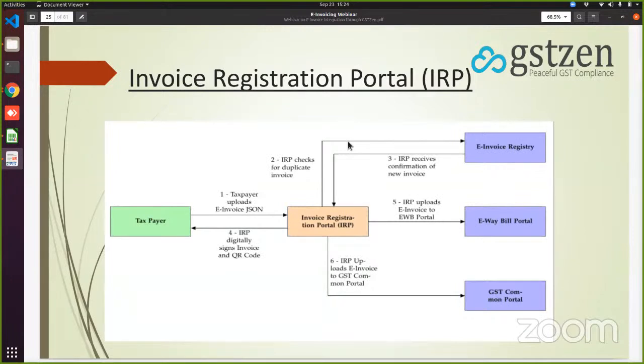The IRP already has an existing database, so it will check whether the same IRN exists. If it doesn't exist, it will confirm that this is a new invoice and upload it to the e-invoice registry. One step after that, it will also upload it to the e-waybill portal and the GST common portal, that is your GSTR1. And then the IRP will return the digitally signed invoice with the QR code. So this is how the IRP works.